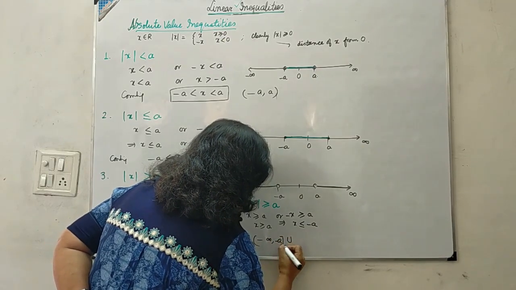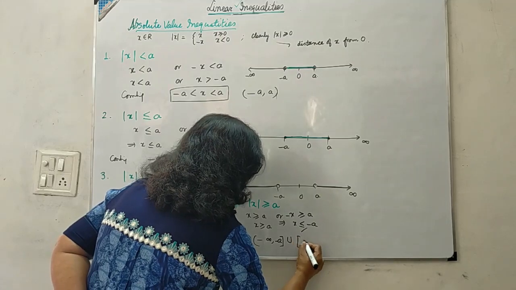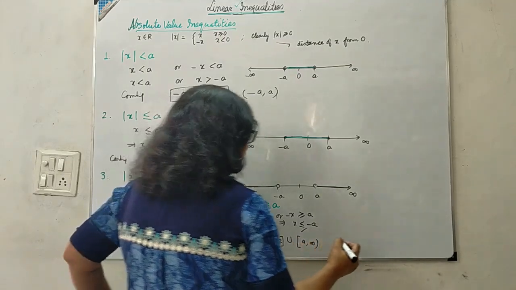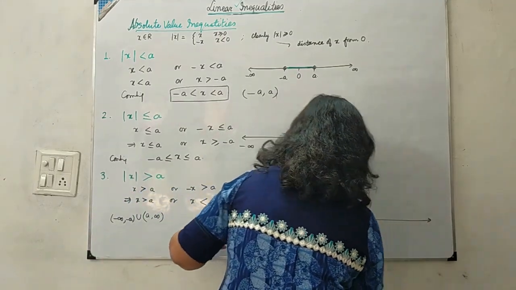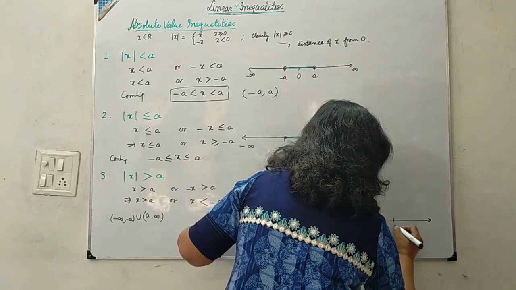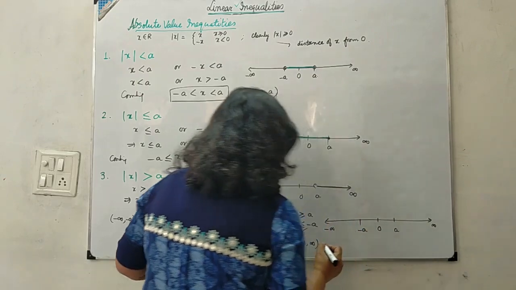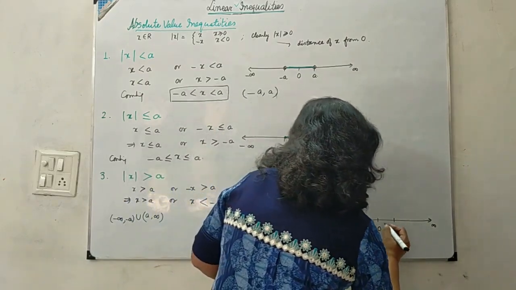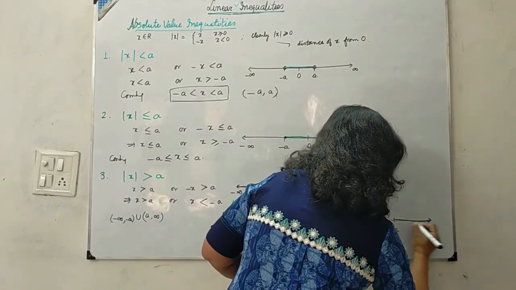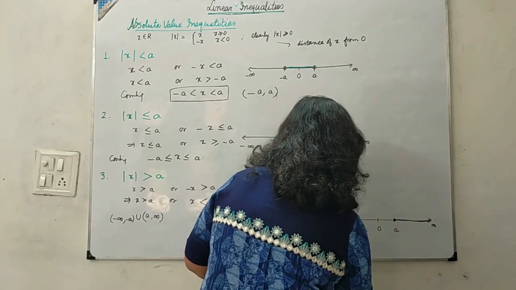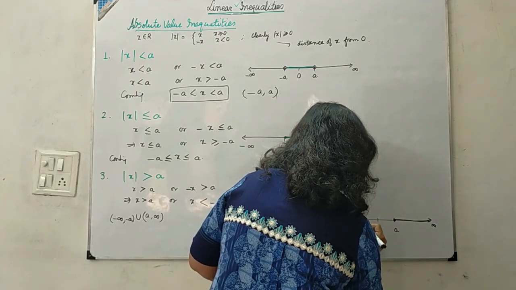This side is a closed bracket because there is an equality sign there. So on the number line, this is minus a, this is a, this is the origin. We have a to infinity with this side closed and this side also closed.